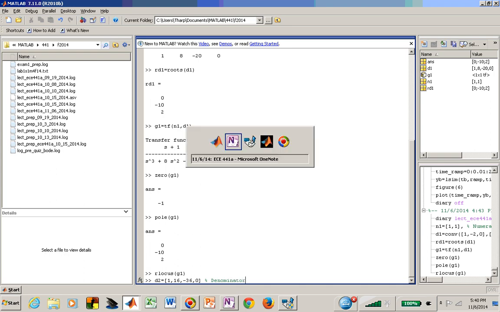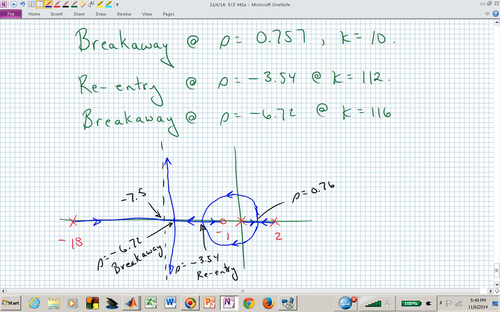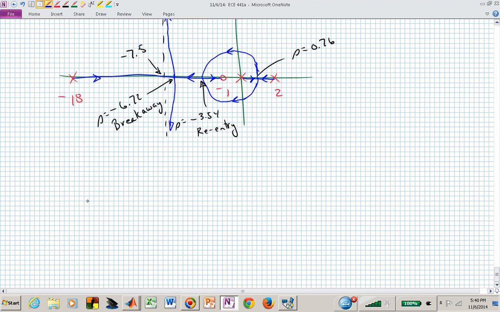That is coming to us because of, here was my G sub 2 of S. That was S minus 2, and S plus 18.